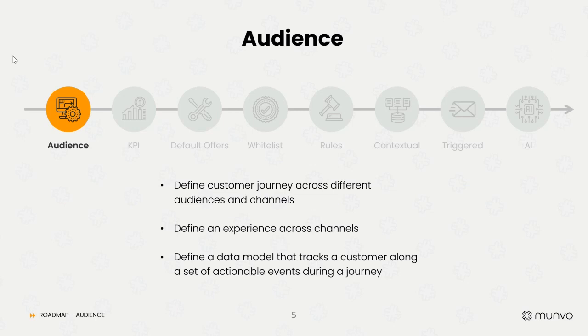So the first two I'm going to cover here are audience and KPI. These are really around the foundational framework, setting up the system on a reusable data model standpoint, to help the organization create a framework that can be used across campaigns.